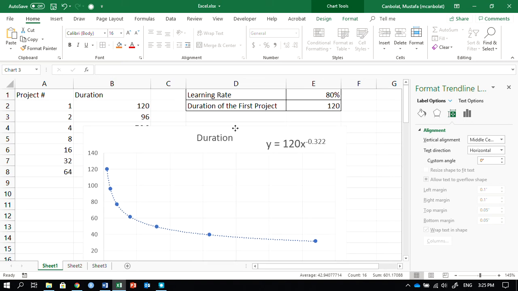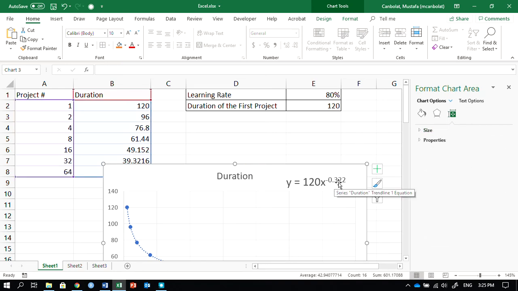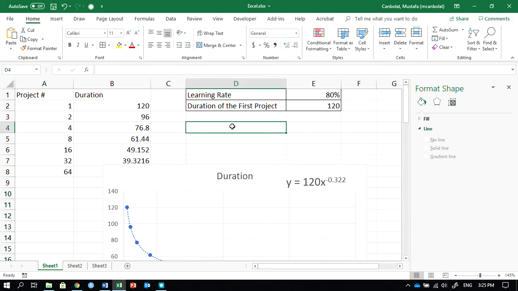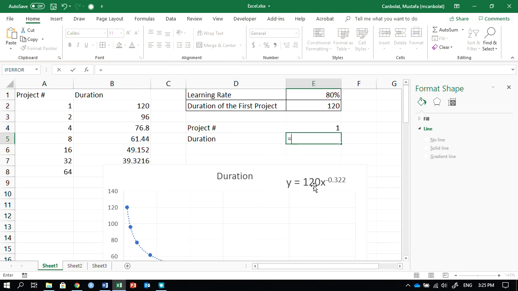So for example, let's just take that this number is just rounded here to 0.322, but the numbers are not going to be as accurate as these numbers that we see here, but we can find out the values here. Let's say if I take the project number and make it, let's say 1, and then let's just put the duration, and then the duration is going to be 120, which is the initial value, times x, which is, just put in a parenthesis, or we don't have to because of the PEMDAS.